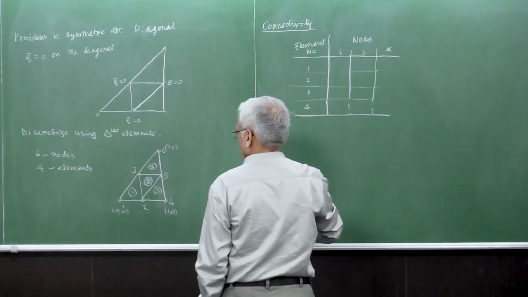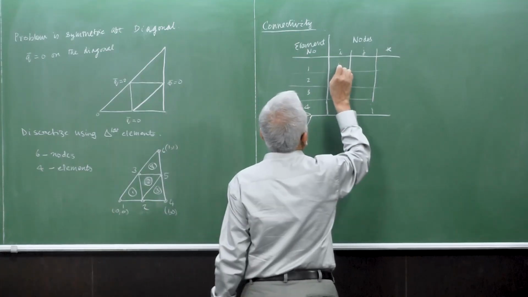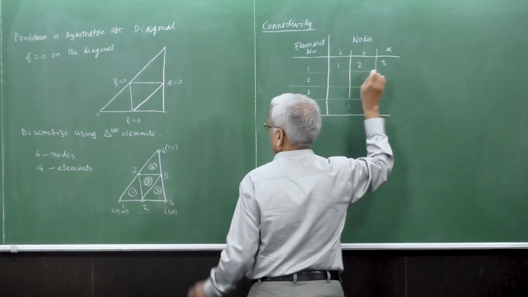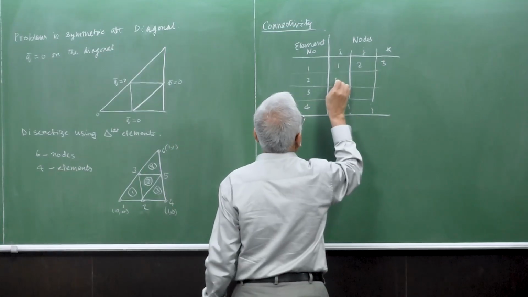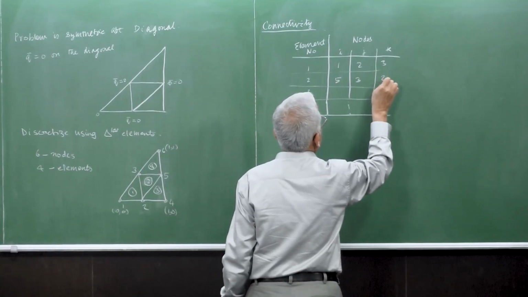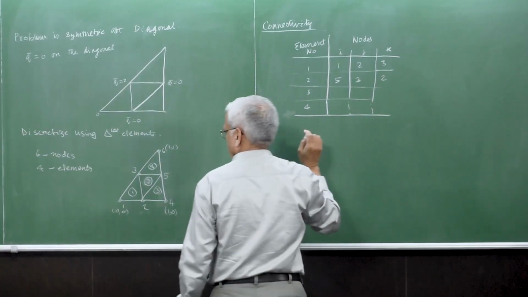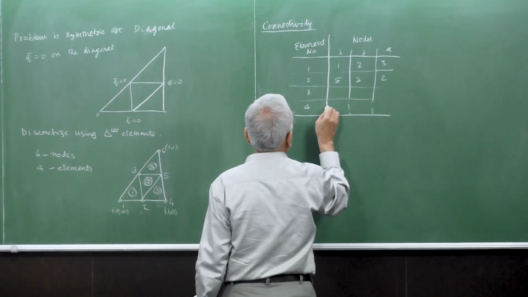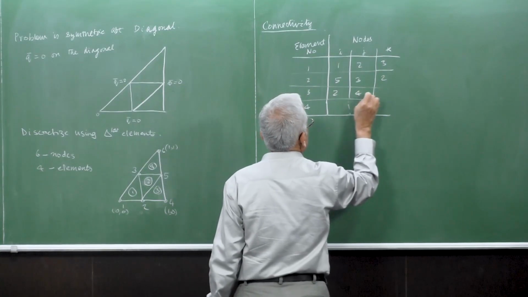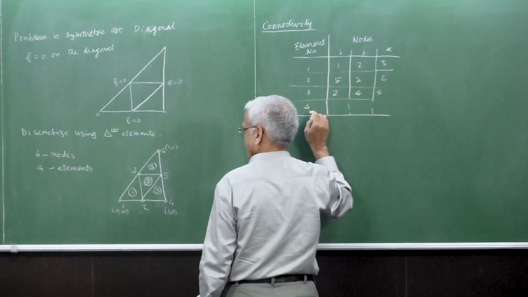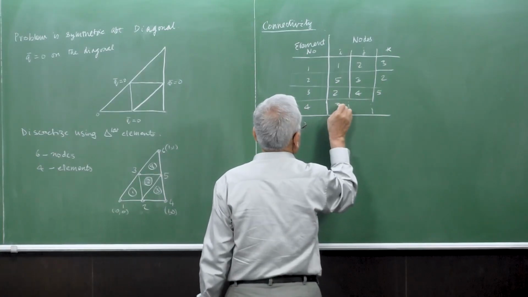And the elements are 1, 2, 3 for the first element. And second element, we'll put it as 5, 3, 2. And the third element is 2, 4, 5. And fourth element is 3, 5, 6.